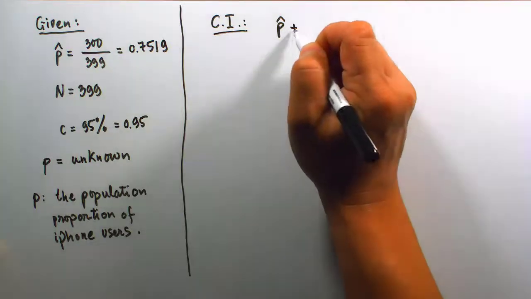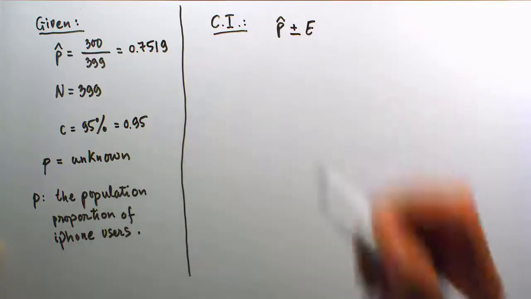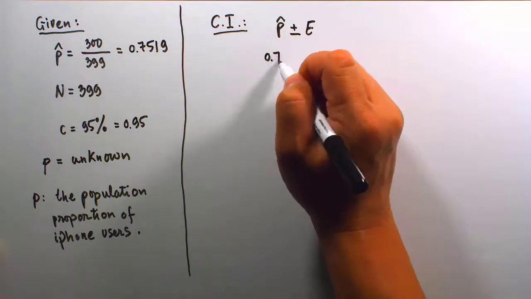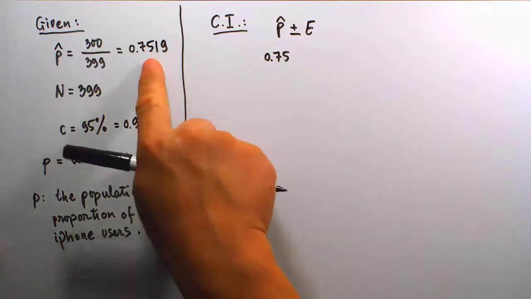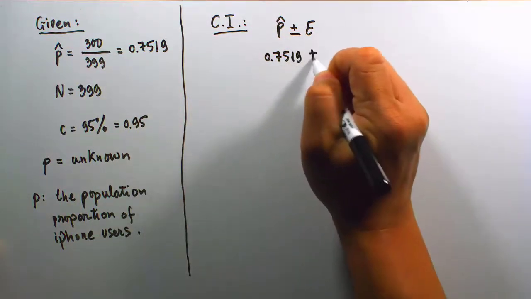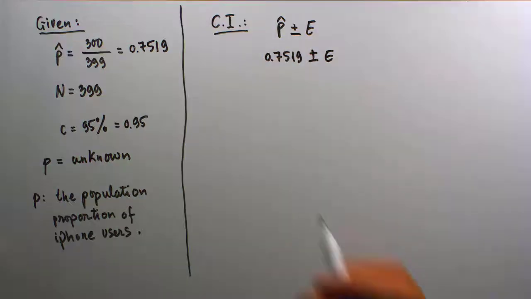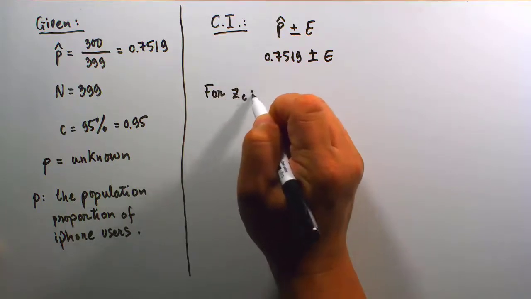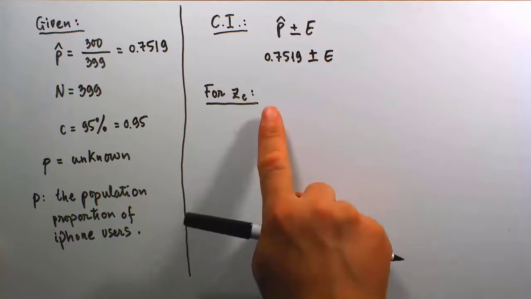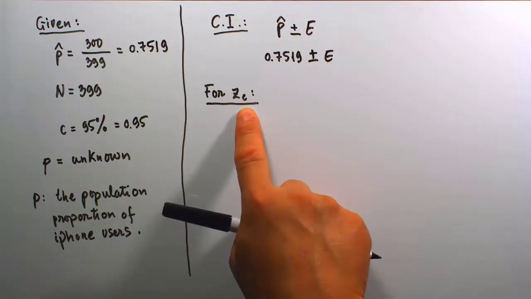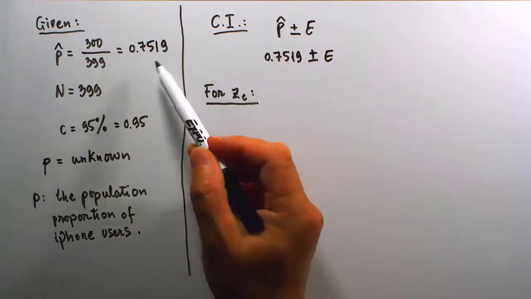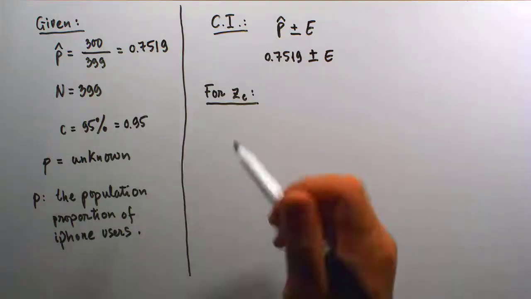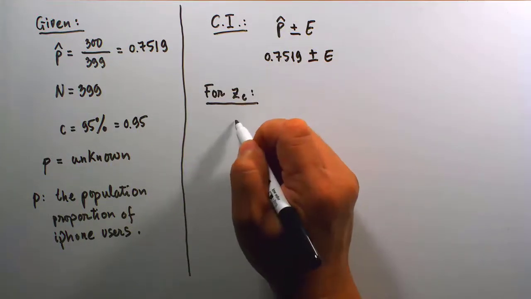Then we need to figure out how much margin of error up and down from where our p-hat value is, from our sample proportion 0.7519. So I am going to jump immediately into figuring out the z sub c value, because it's one critical required part in the formula. Any other values in the formula for margin of error are already given. So for z sub c, I am going to repeat the steps.